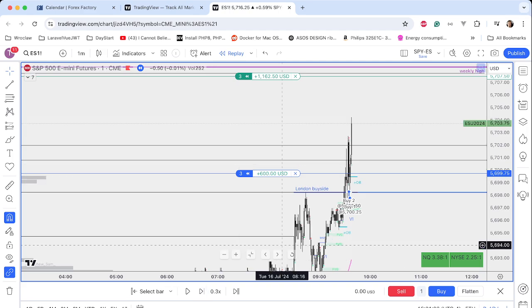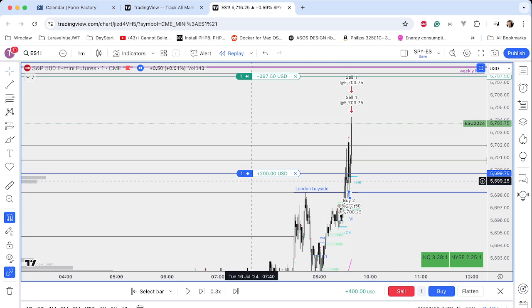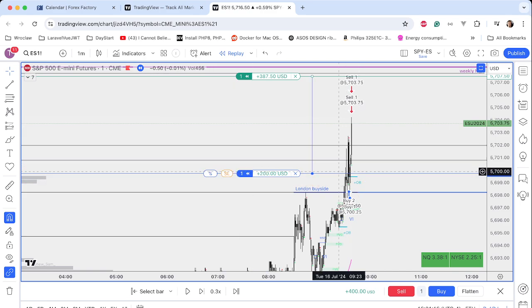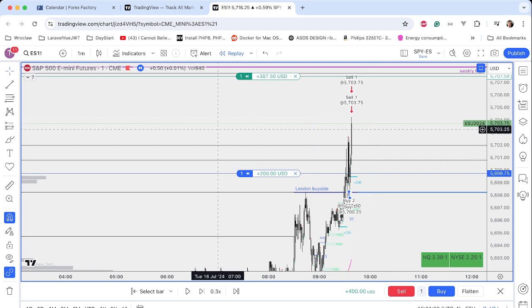Okay, I'm gonna sell one contract here. Actually 2. Stop loss break even plus cost. Come on, just move that. Why can't I move this thing?